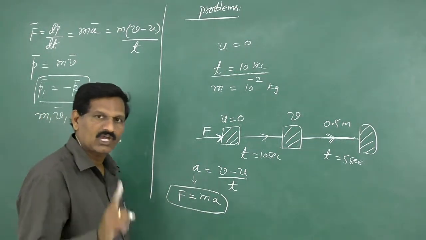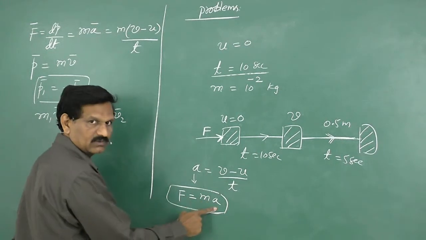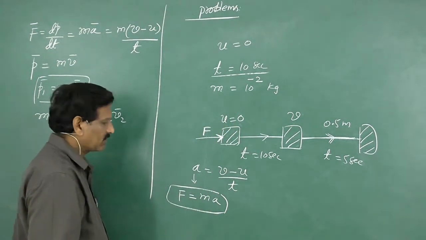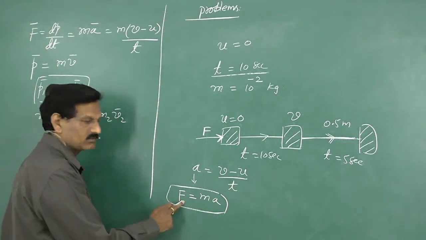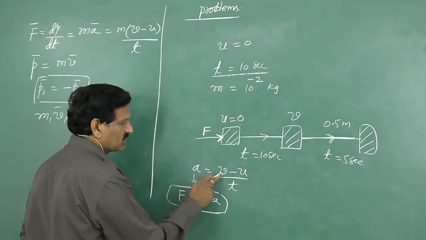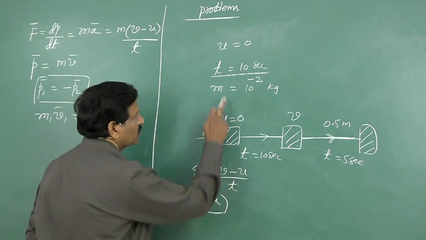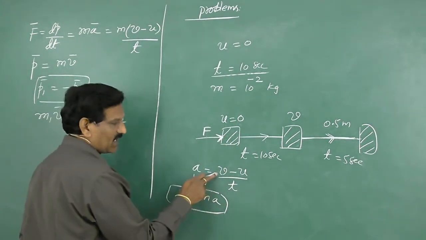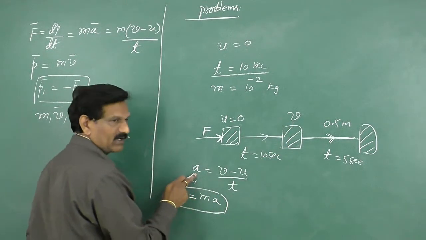Force means mass into acceleration. Mass is already given. If you know acceleration, then you can calculate force. What is acceleration? Change in velocity by time, (v minus u) by t. So here u is given as 0 because initially the body is at rest. If you know the final velocity here, then you can calculate acceleration.